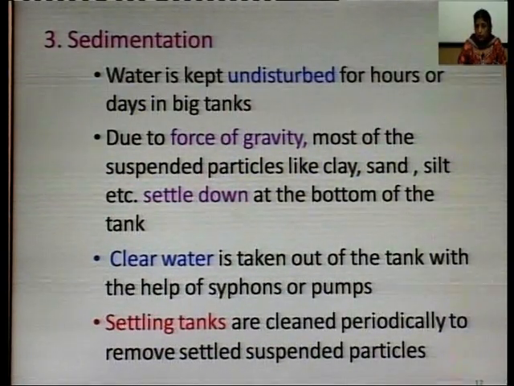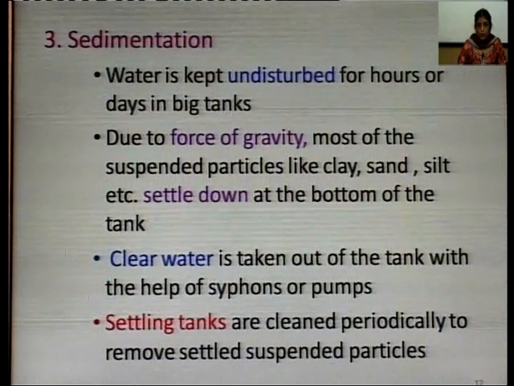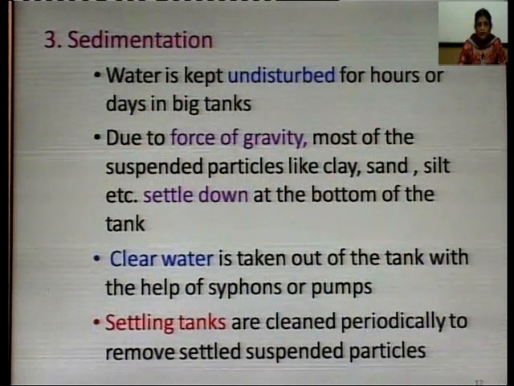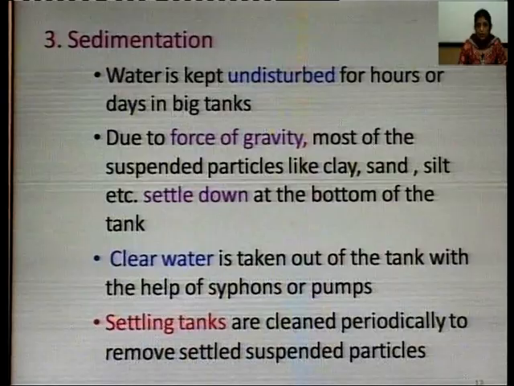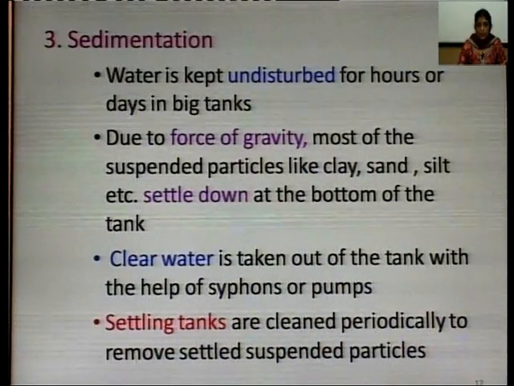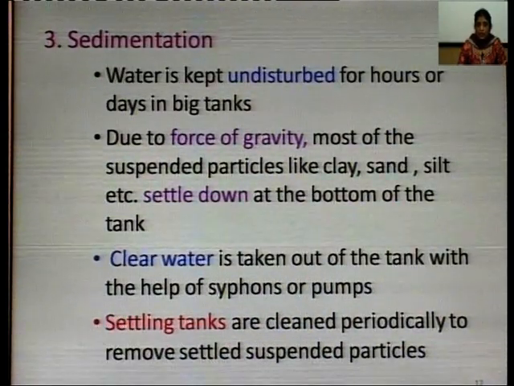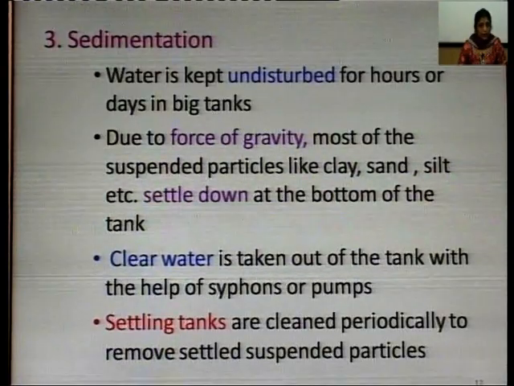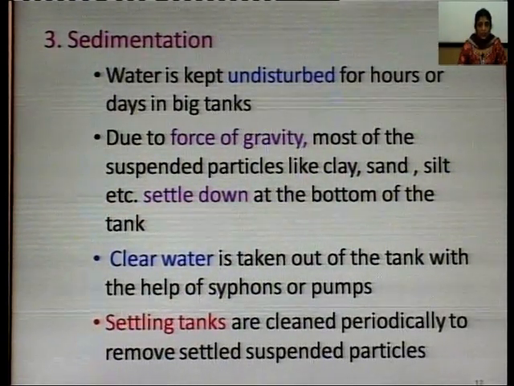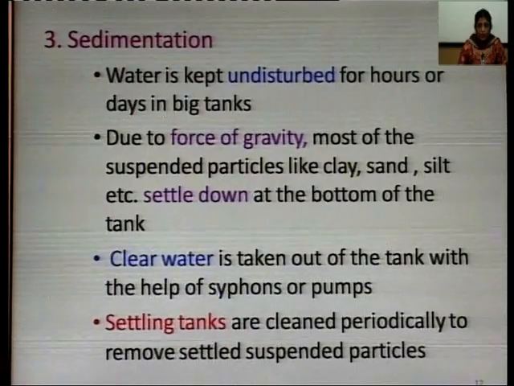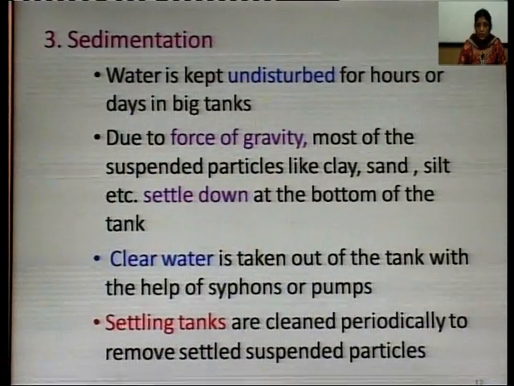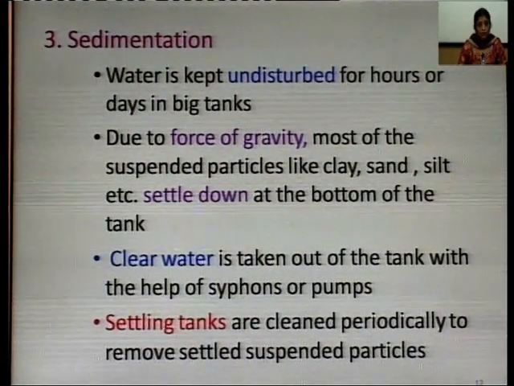Due to the force of gravity, most of the suspended particles like clay, sand, silt, etc., settle down at the bottom of the tank. Clear water is taken out with the help of siphons or pumps.